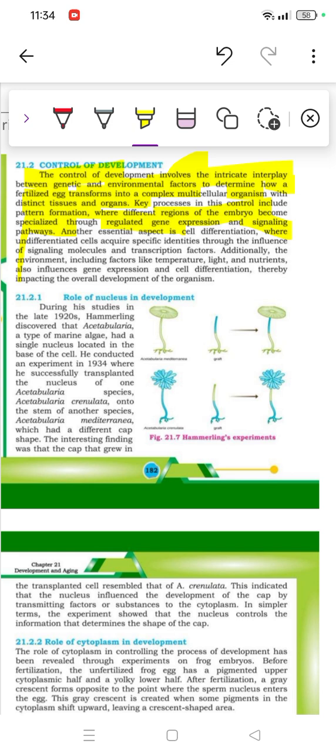Another essential aspect is cell differentiation, of undifferentiated cells, and these factors and molecules. Additionally, the environment, including factors like temperature, light, and nutrients, also influences and controls gene expression, and cell differentiation thereby impacts the overall development of the organism. So it's quite a small topic.